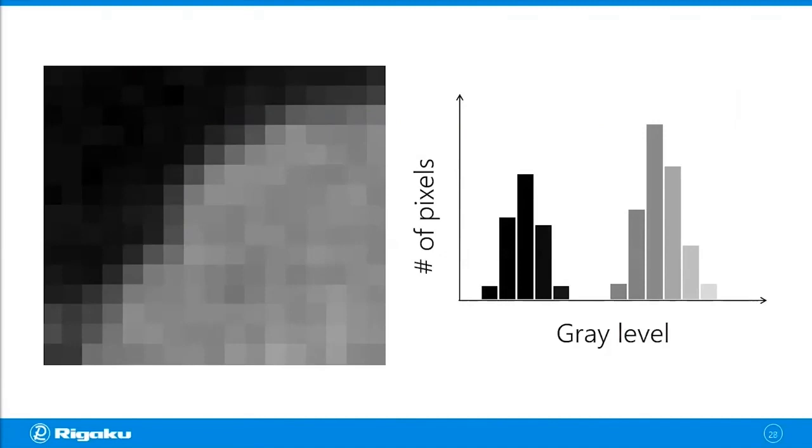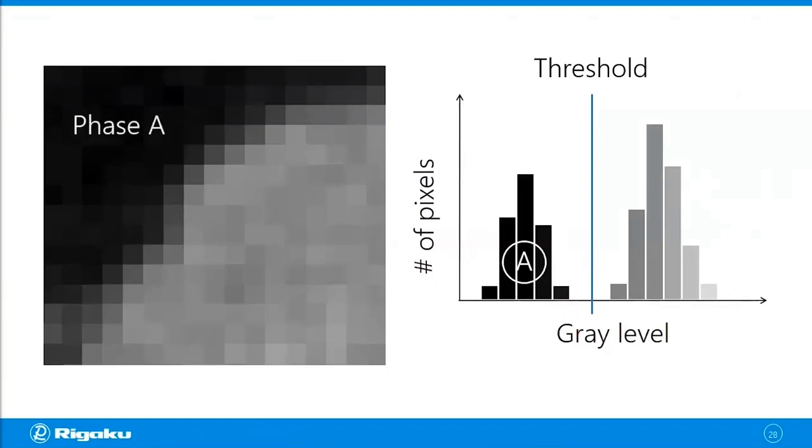And this means that you can simply set a threshold between those 2 peaks and say that all those pixels on the left side belong to phase A, those dark pixels, phase A, and you map them back to the original image. You can do the same thing for the lighter gray pixels, phase B, and you map them back to the original image. And this is how you can segment this image into 2 different phases.